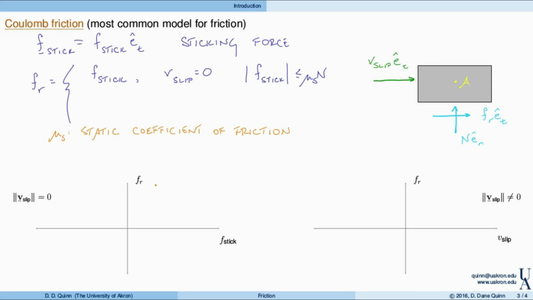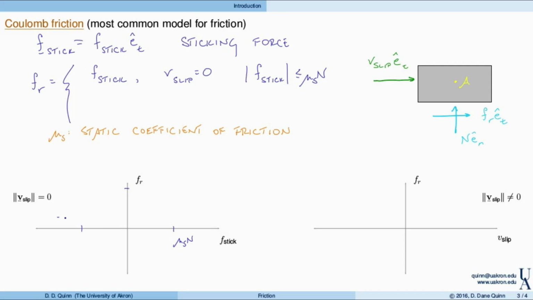So basically, the friction force can be anything, and it can be whatever it needs to be to maintain stick, provided it's less than these values. So here, looking at this graph, let's assume that the sticking force or the slip velocity is 0. So what's the friction force? Well, again, it's the sticking force, but it's got to be less than mu s times N. So let's put those values here and here.